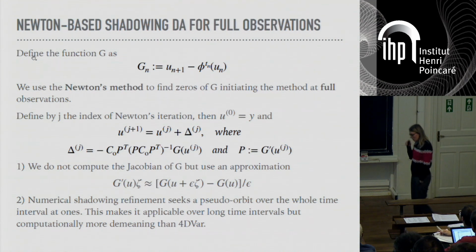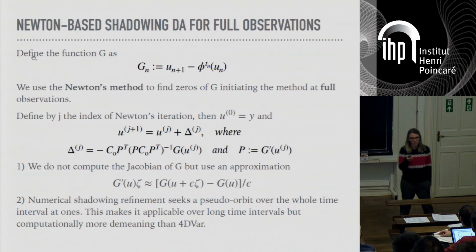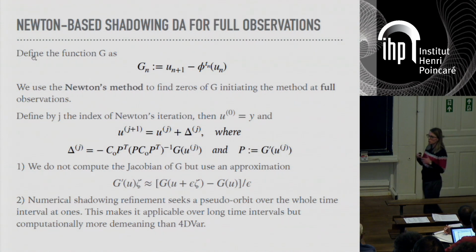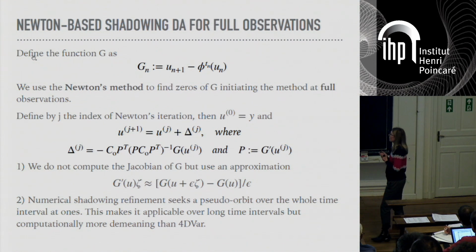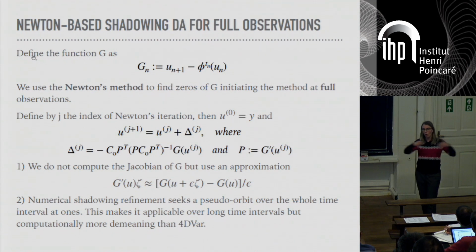Another remark is the difference with respect to variational data assimilation. In variational data assimilation, especially four-dimensional variational data assimilation, we look for initial conditions such that we constrain over some time interval. With the numerical shadowing refinement, we reconstruct the whole orbit over the whole time at once.